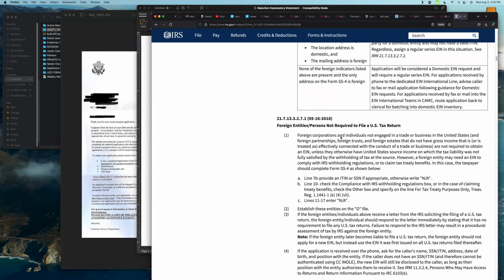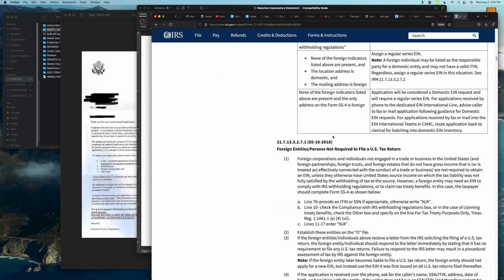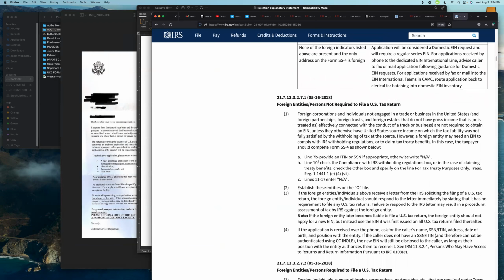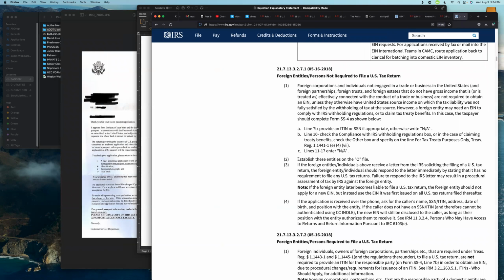If you do your SS4 correctly as stated in the book or as stated in the course, you will obtain a specific EIN number that is established on the zero file list.